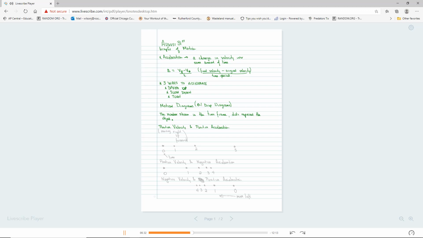And then I'll pause and let you guys get caught up because I know some of you are writing. So positive velocity and positive acceleration. Positive velocity means moving to the right, up, or forward.